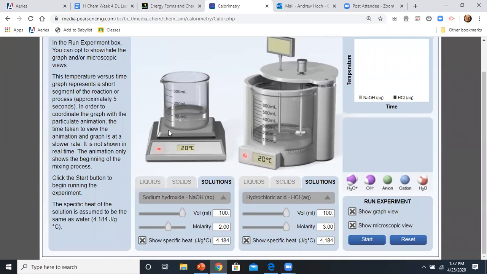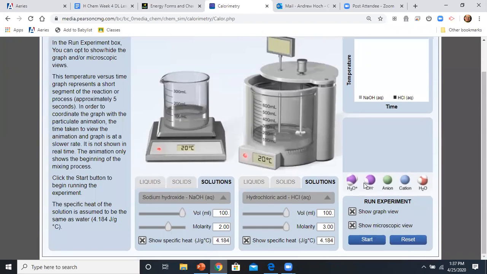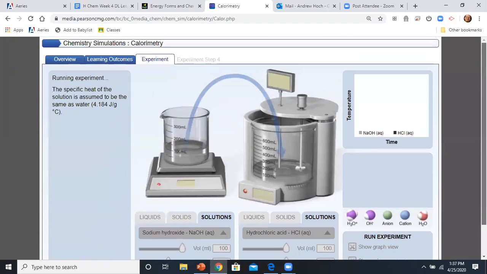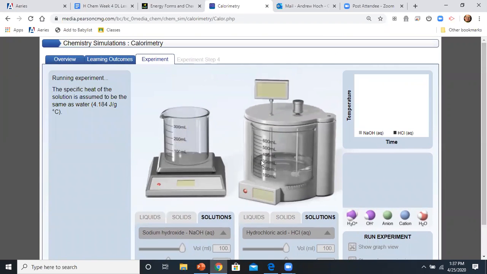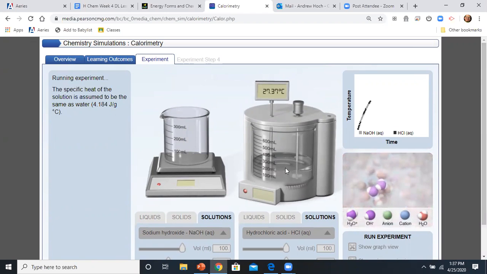I have my sodium hydroxide solution here. I have my hydrochloric acid solution here. Let's try to put this together: is it an endothermic or an exothermic reaction, and how can you tell before we do the calculation side? Let's look at the concept first. We're going to take this solution, and now all of a sudden I have this 200 milliliter solution of water, with my sodium hydroxide and hydrochloric acid mixing together.